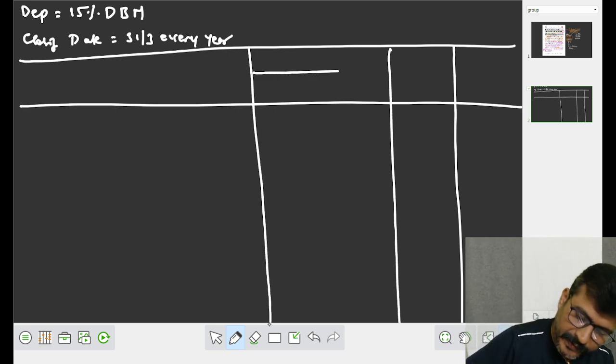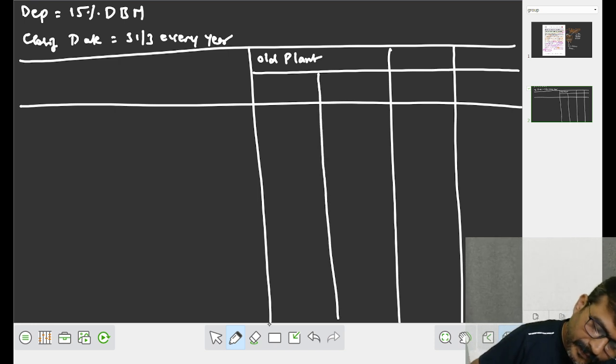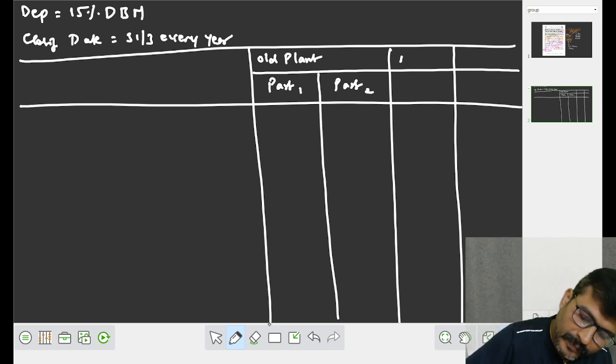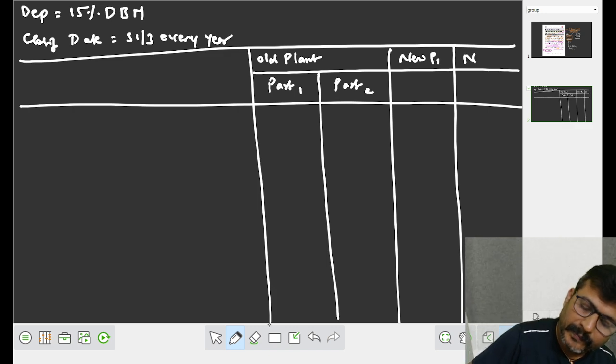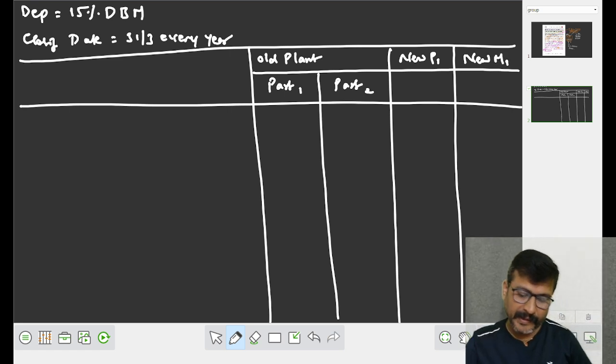Let us write old plant, let us have part 1, part 2. New plant 1, new machine 1.